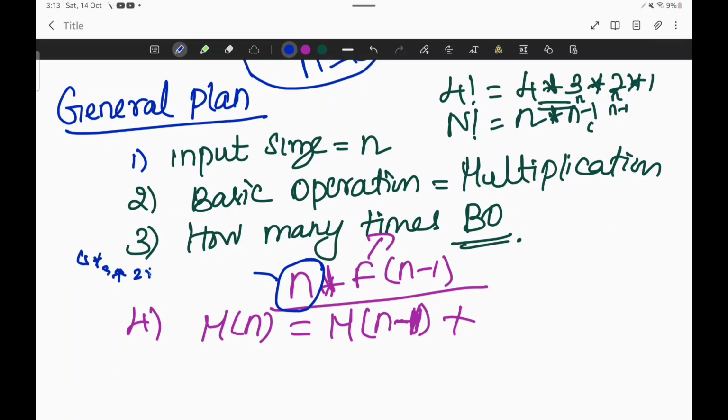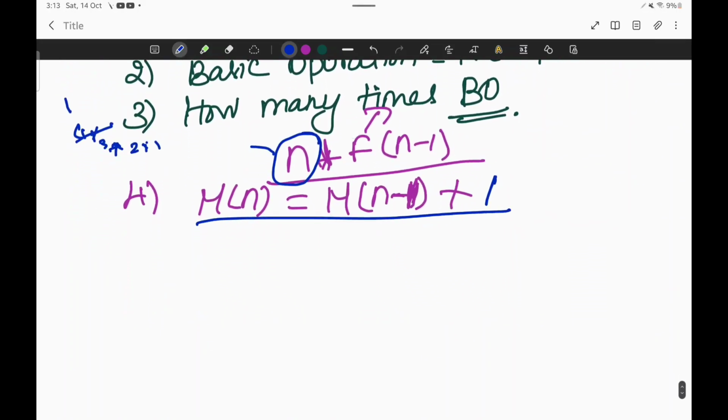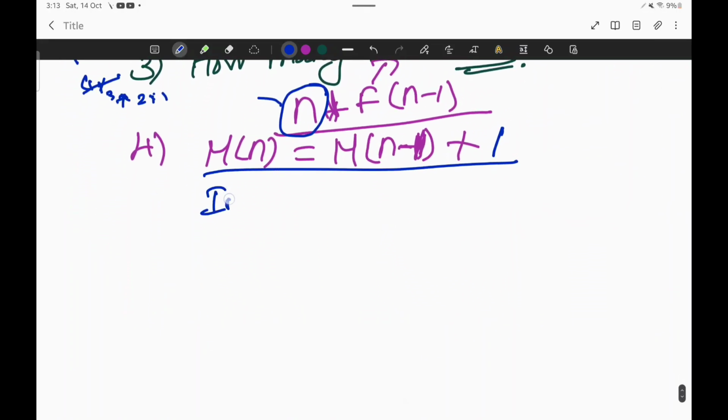When it reaches 0, it stops calling the function itself. That particular value, 4 into 3 into, is only one multiplication, some constant number we are multiplying with. So you can consider that as some constant time. Therefore we are writing it as plus 1. So m of n is equal to m of n minus 1 plus 1 is the recurrence relation.